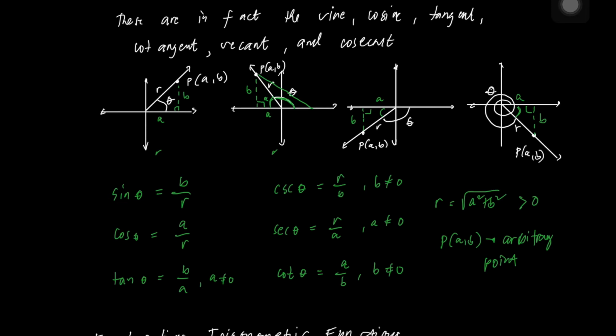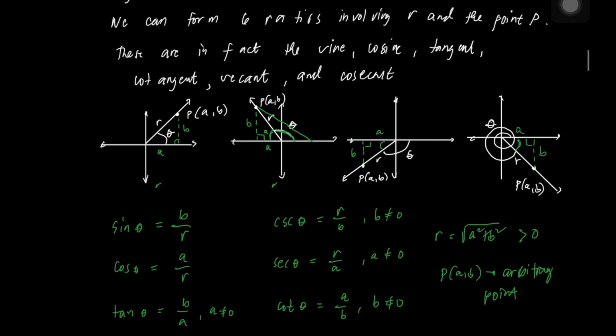The important thing to do in order to apply the definition of the trig functions is to create a right triangle. In the first quadrant, the right triangle is produced between the positive x-axis and the terminal side of the angle.